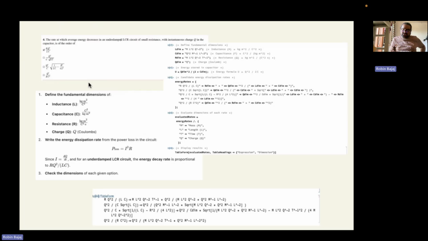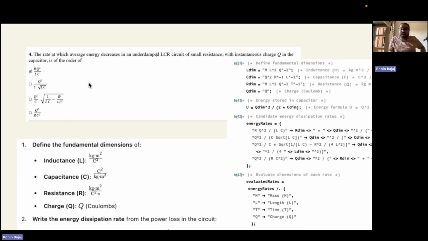This is energy basically. So if you see what the question says, the rate at which average energy decreases in an underdamped LCR circuit with instantaneous charge Q on the capacitor is of order of what? So it's energy, it's power loss, right?